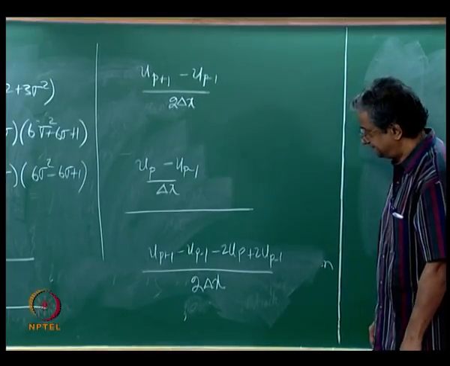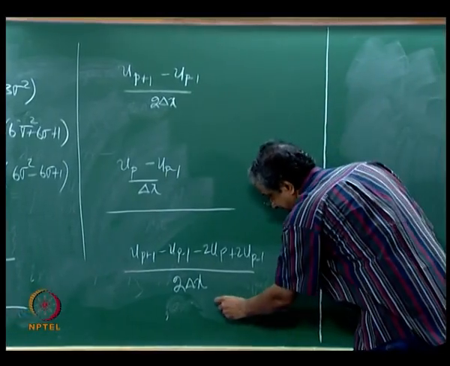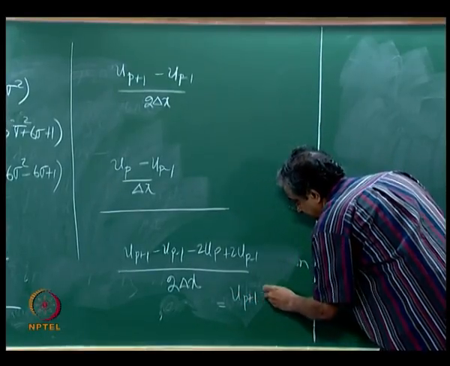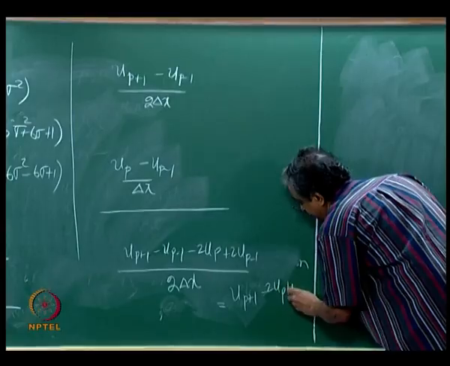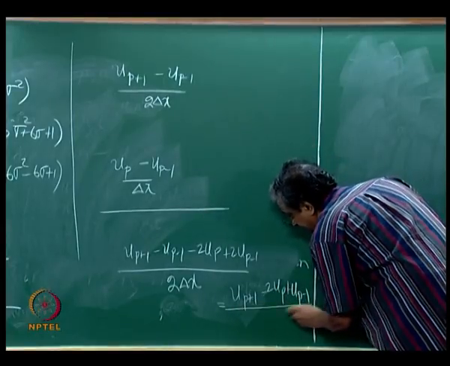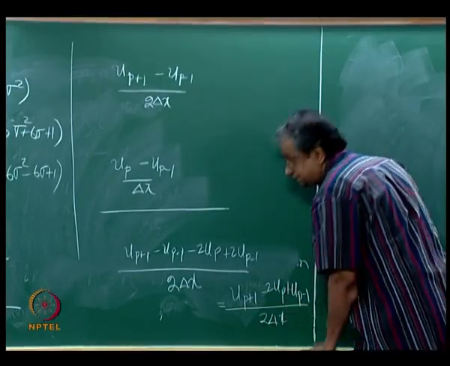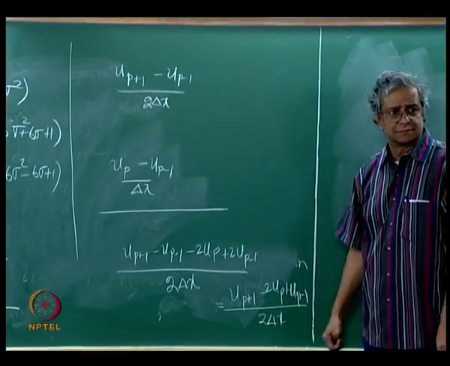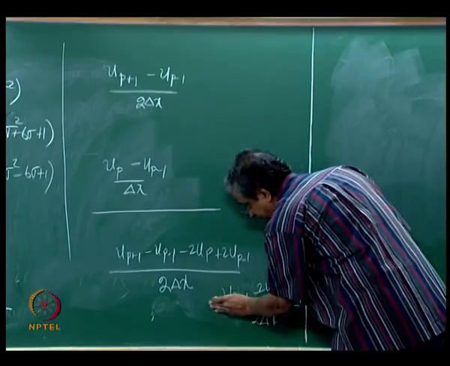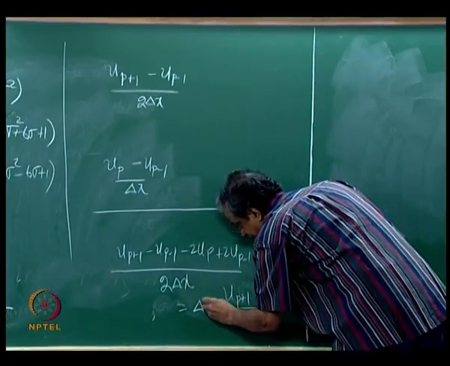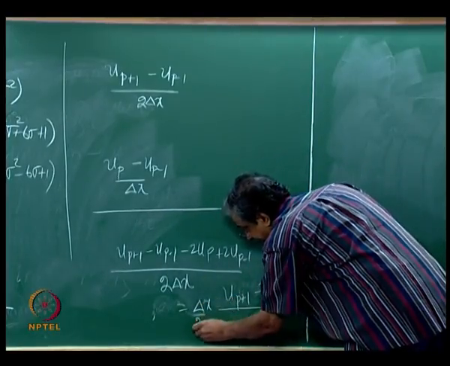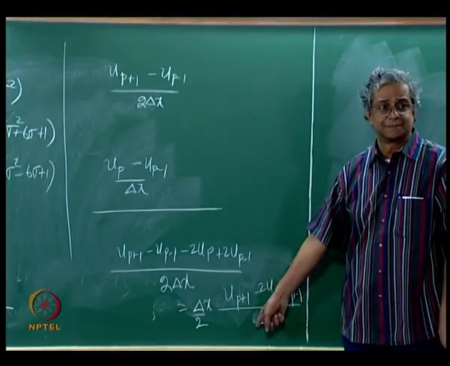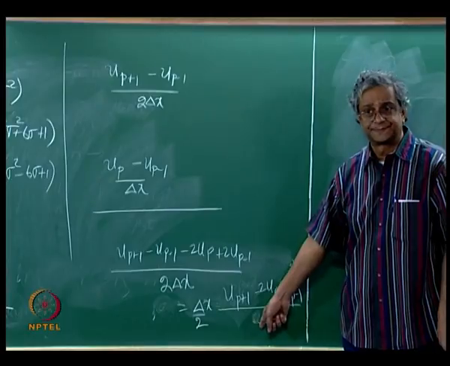And this gives me u p plus 1 minus 2 u p plus u p minus 1 divided by 2 delta x. I can multiply and divide by delta x, right. If I multiply and divide by delta x, this gives me a delta x, I take the 2 back here, delta x squared. That looks familiar, that is a second derivative, right.